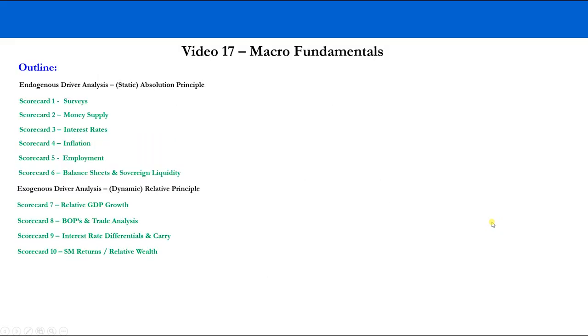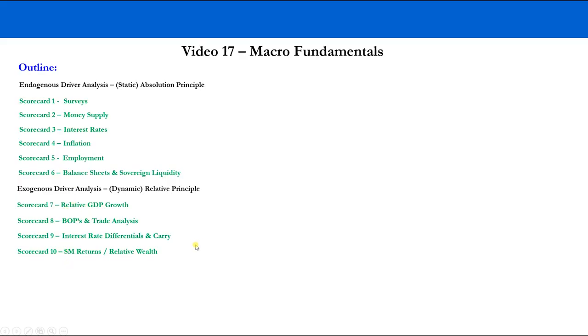Now, going right back to the beginning of our endogenous analysis, we looked at our overall driver list, and we split up into endogenous and exogenous.